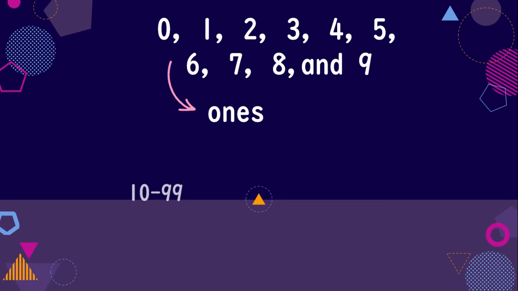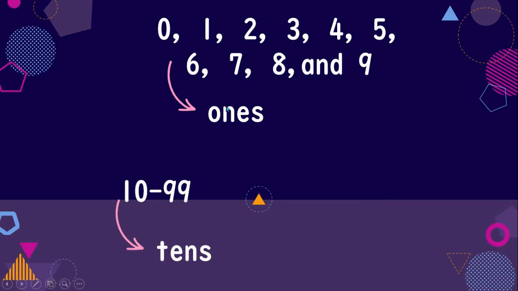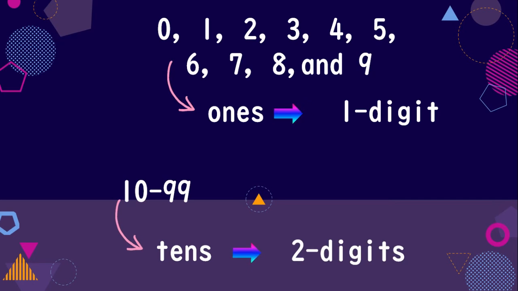For numbers 10 to 99 naman, they are called tens. Okay? So, again, 0 to 9, they are called ones. It's because they only have 1-digit numbers. And for 10 to 99, they are called tens. It's because they have 2 digits or 2-digit numbers.